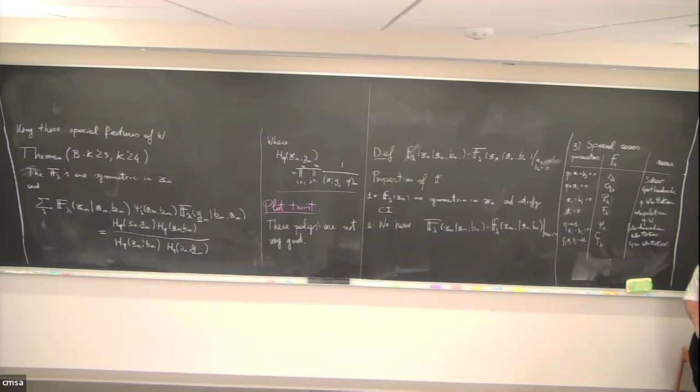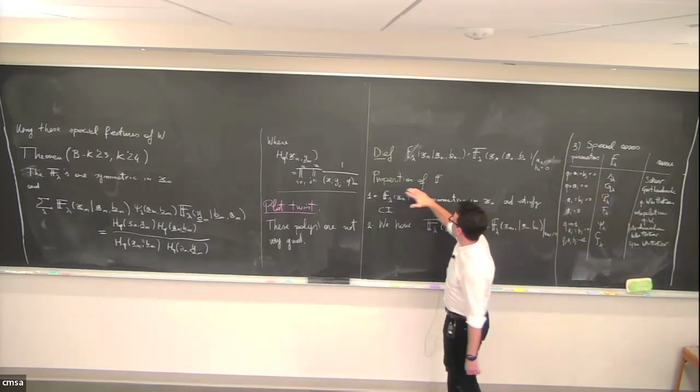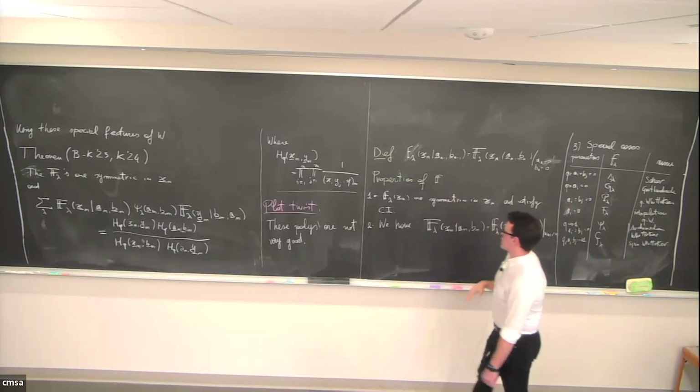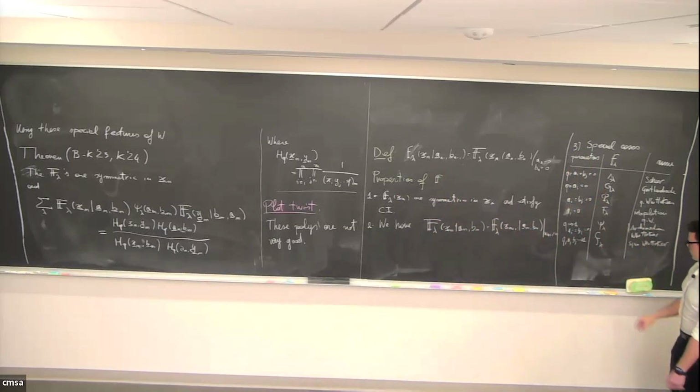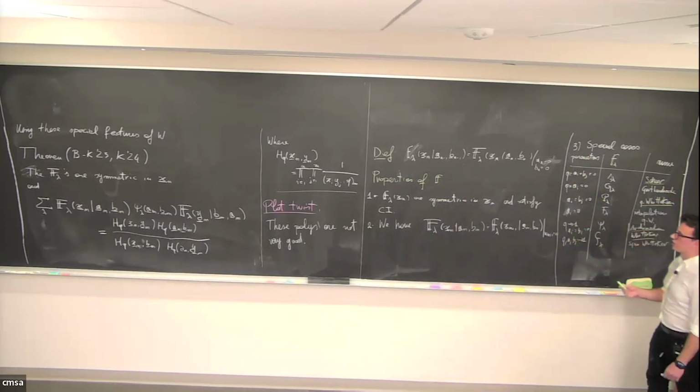And the results that I'm going to discuss below, so this is point 3 of the enumeration of properties of the f's, are going to be known for the cases of Schur, q-Whittaker and Archimedean Whittaker, but they are going to be new, although some of these results will be pretty basic, for Grothendieck and this other family.